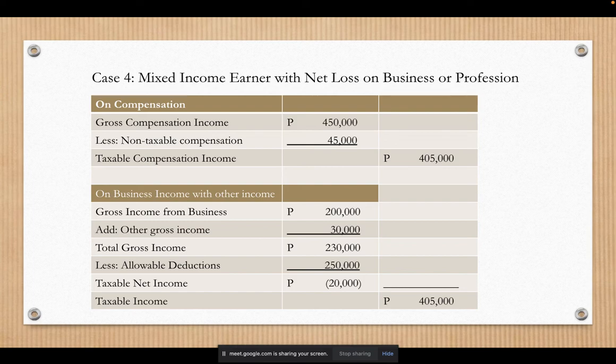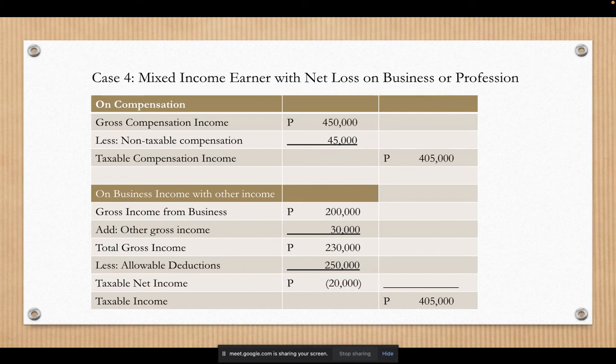And usually yung compensation income niya ay na-subject na rin yan sa withholding tax on compensation, which is remitted usually every 10th of the month under 1601C of the employer. And at the end of the year, you will also receive your 2316, no? Yung certificate of withholding tax on compensation na ibibigay sa kada empleyado every year.